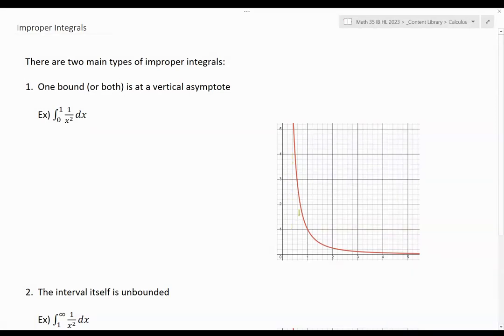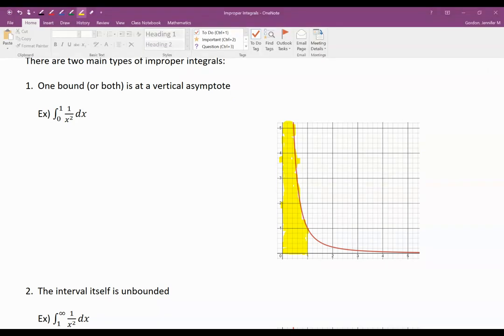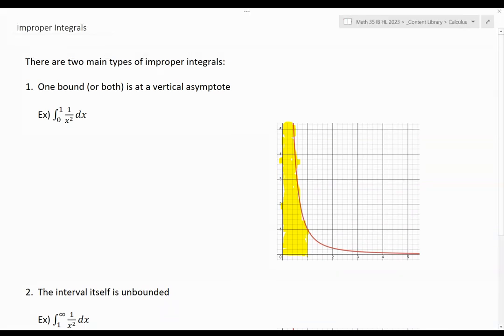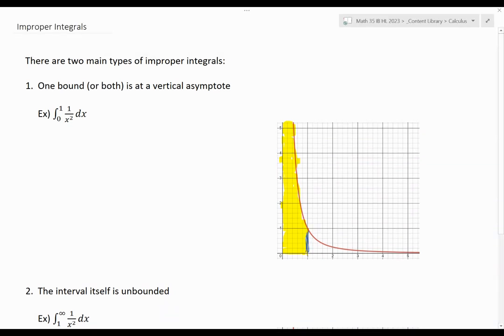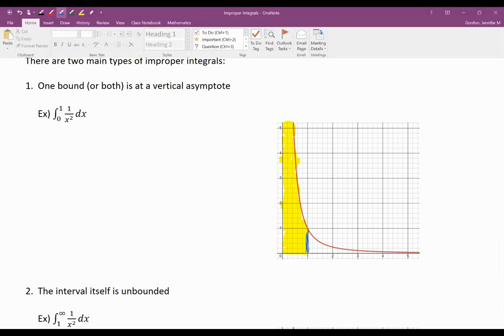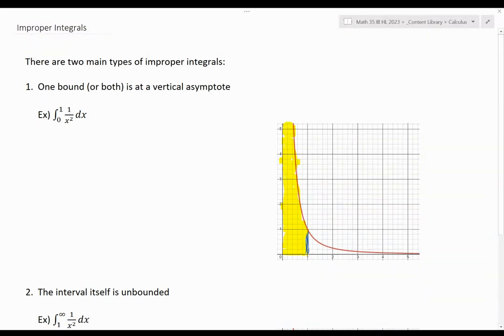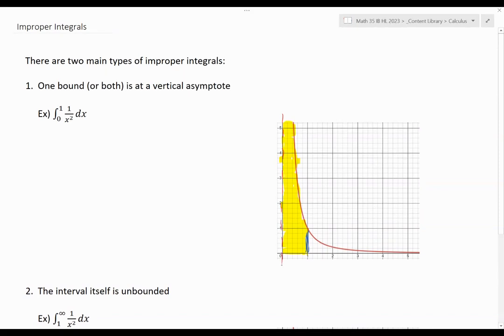So this area that I'm doing in yellow here is an unbounded region, but it may still result in a finite area. This is something that does occasionally happen with these improper integrals: we can have an unbounded region that actually does have a finite area.